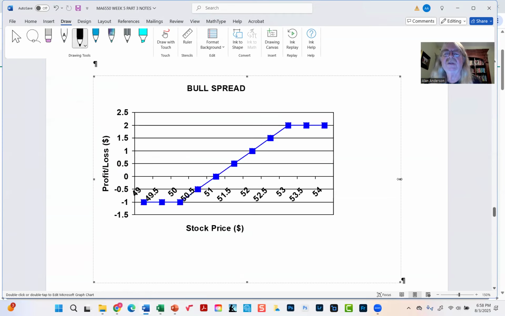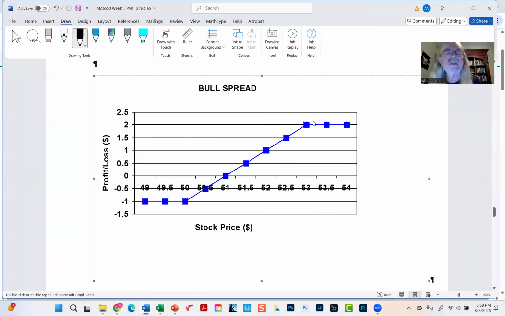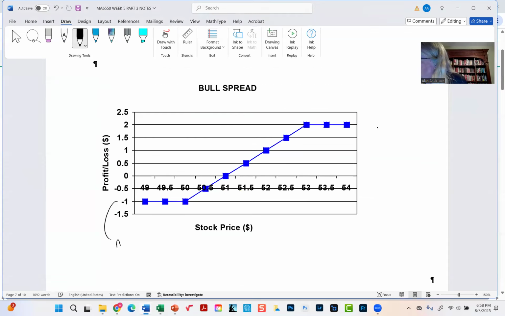It's not ideal, but you see, the blue tells me where my profits are, and so you can see that there's a maximum loss of $1. There's also a maximum profit of $2. You don't get that if you own just the call.